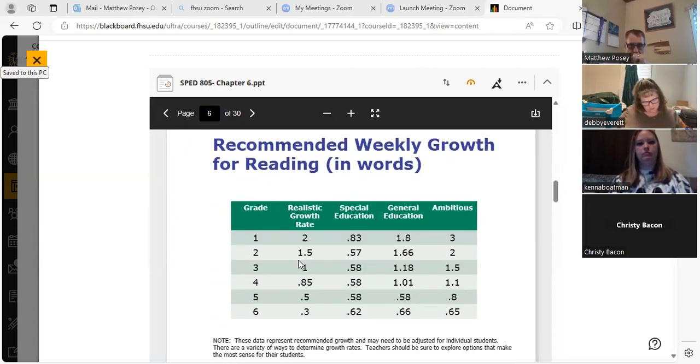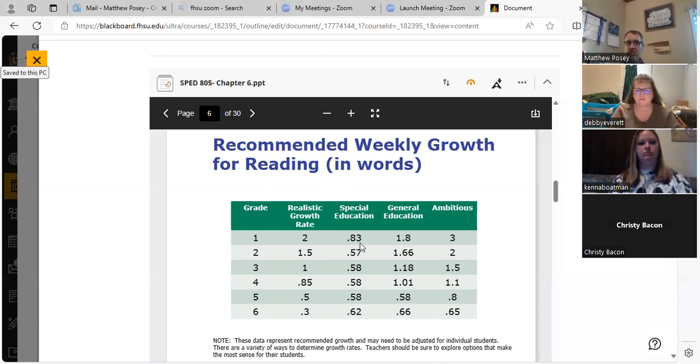It's a chart that I'm referring to as a resource that you guys might want to go back and look at. It is recommended weekly growth for reading in words. So this could be like when we're looking at fluency rates. As I mentioned, it really is specific to elementary, but it gives you the grade level and the realistic growth rate.